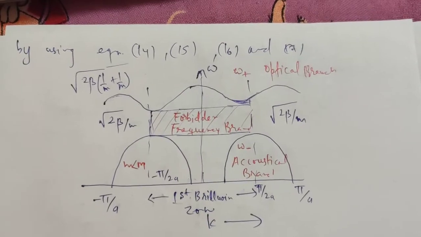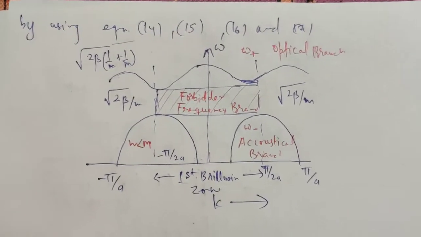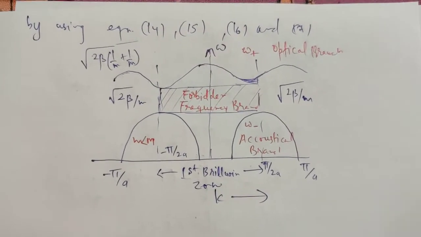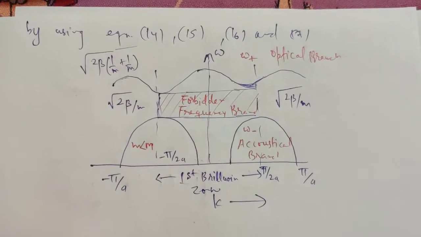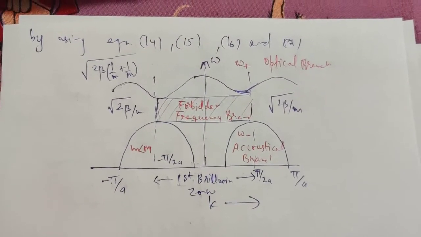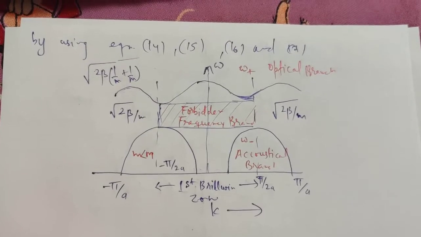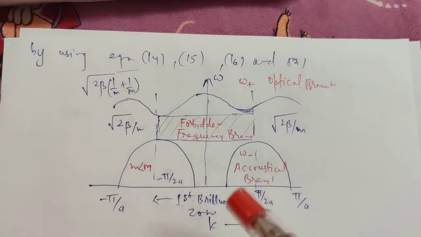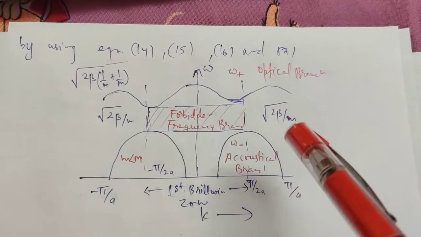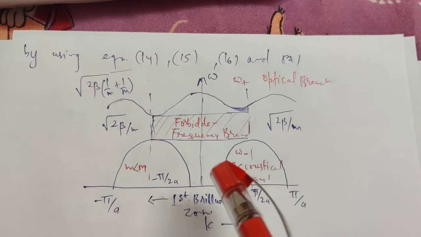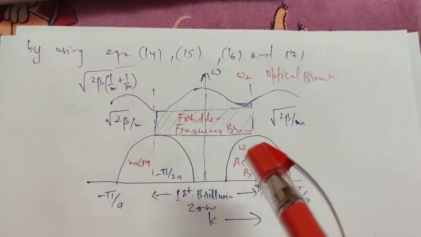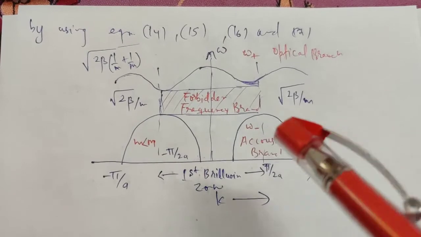So now by using those conditions for your omega plus and omega minus, by equations 14, 15, 16 and 17, we obtained the particular band structure for the one-dimensional diatomic lattice.